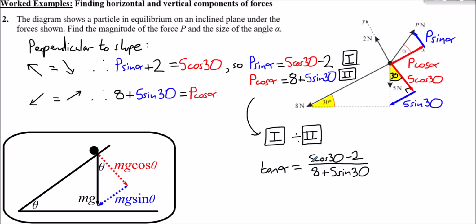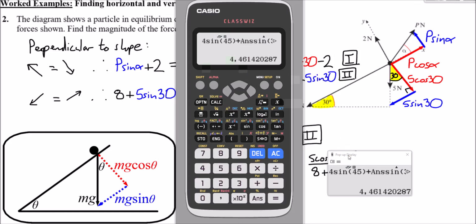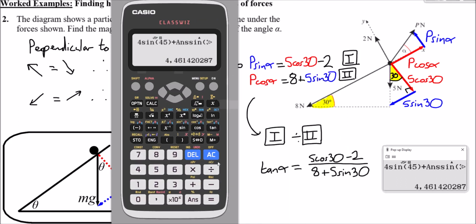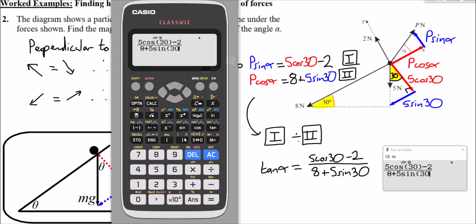So we can evaluate this on the calculator to get the value of tan alpha. We just type in 5 cosine 30 minus 2, all of that divided by 8 plus 5 sine 30. So we get minus 4 plus 5 root 3, all divided by 21, and to be honest, we can leave it like this.